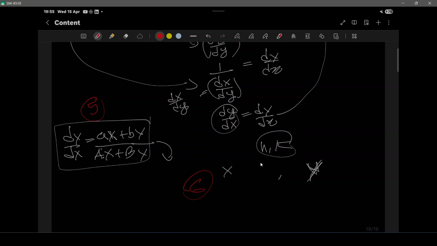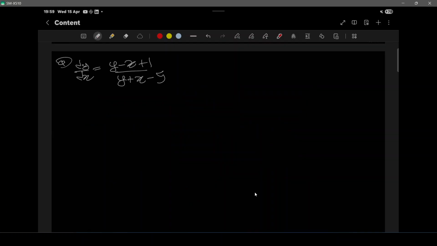So let's do the first question in that part. So this is the first question we have in the paper. Our substitution is y is equal to capital Y plus h, and x is equal to capital X plus k.